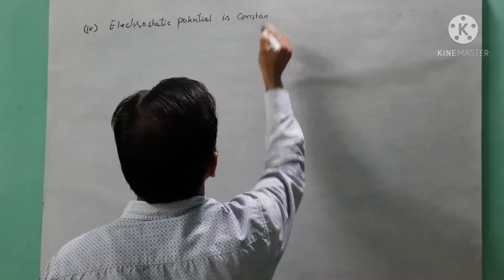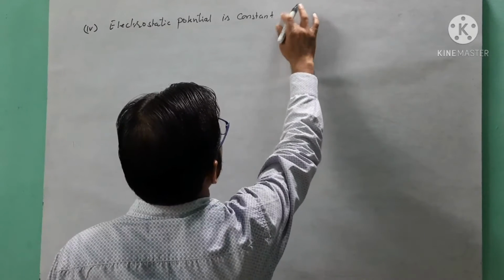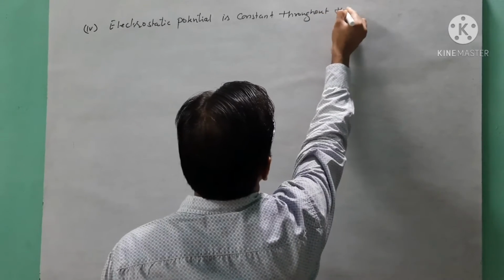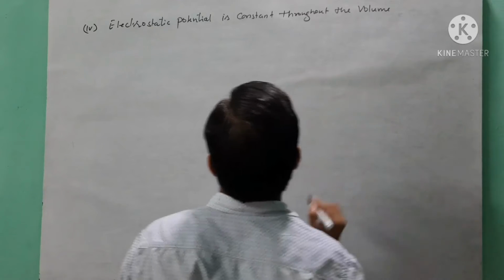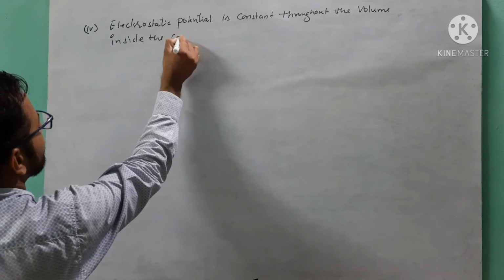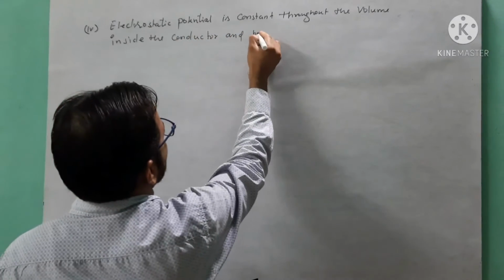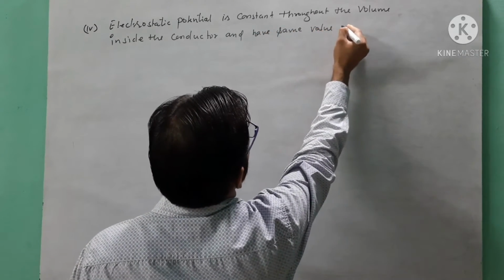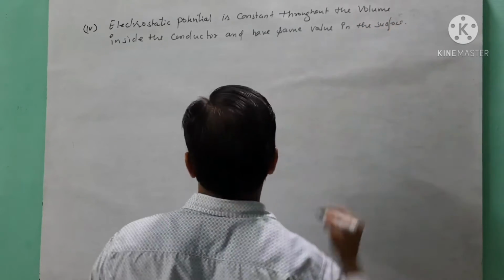Electrostatic potential is constant throughout the volume inside the conductor and has the same value on the surface, at all points on the surface.